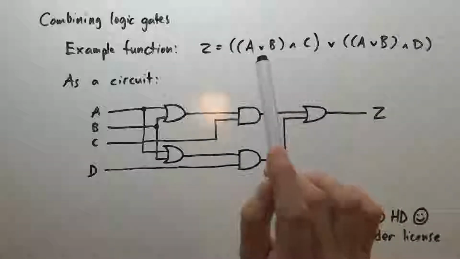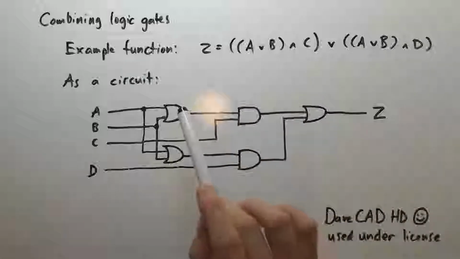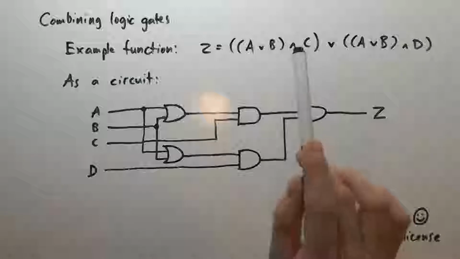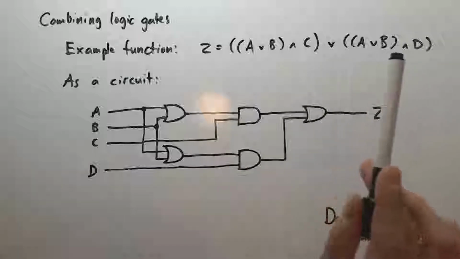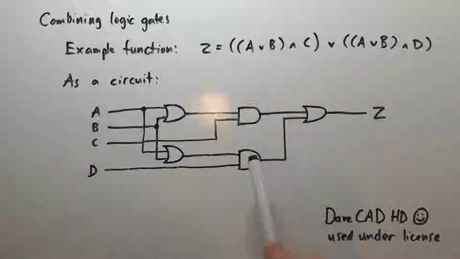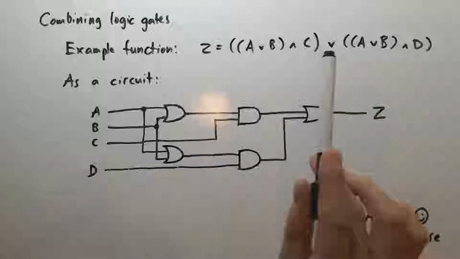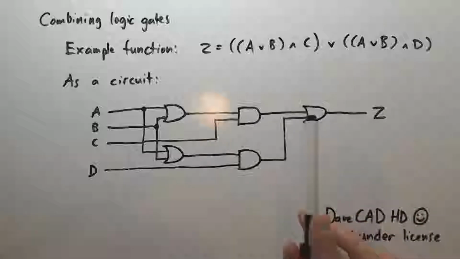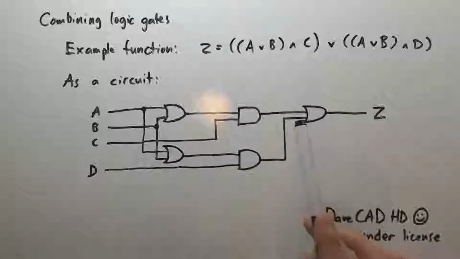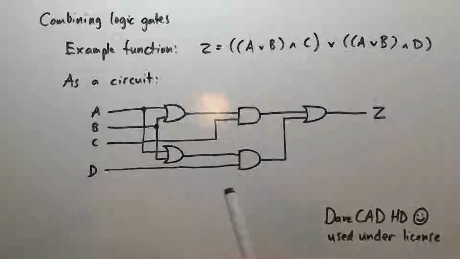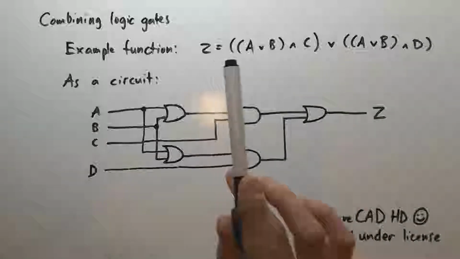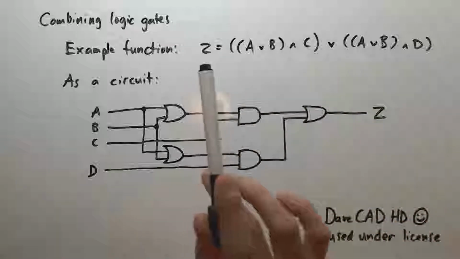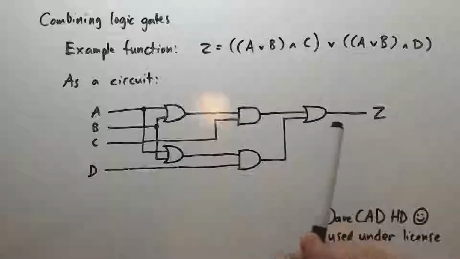So for example, this OR operator becomes this logic gate, this OR operator becomes this logic gate, this AND operator becomes this logic gate, this AND operator becomes this logic gate, and finally the top level OR operator that produces the overall result of the function becomes this OR gate in the circuit. And so hopefully you can look at this circuit and convince yourself that it does indeed produce the correct output that is equivalent to this Boolean function.